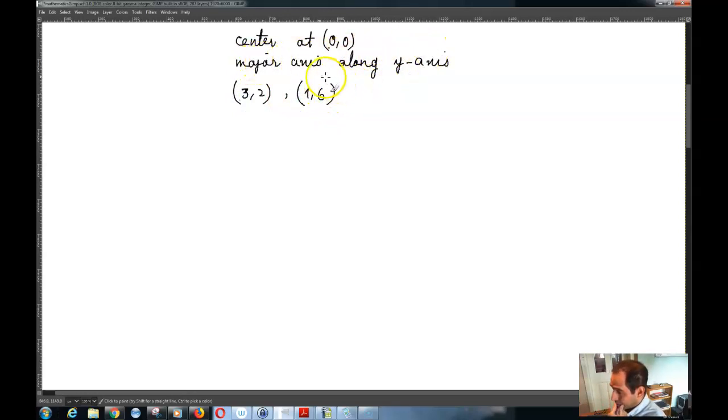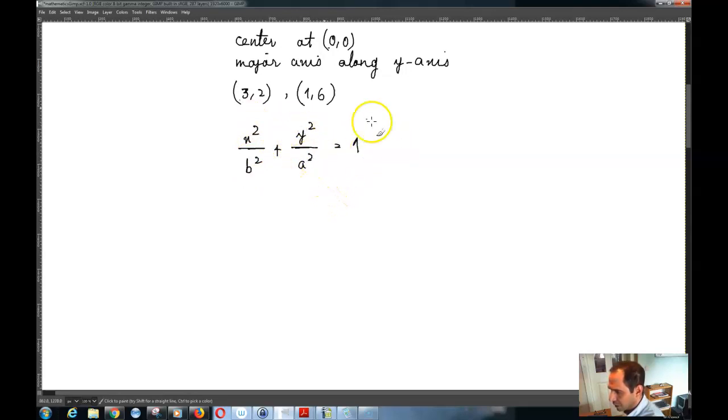So based on that, you can write basically two equations. Since I know that the major axis is along the y-axis, I can write x squared by b squared plus y squared by a squared is equal to 1.